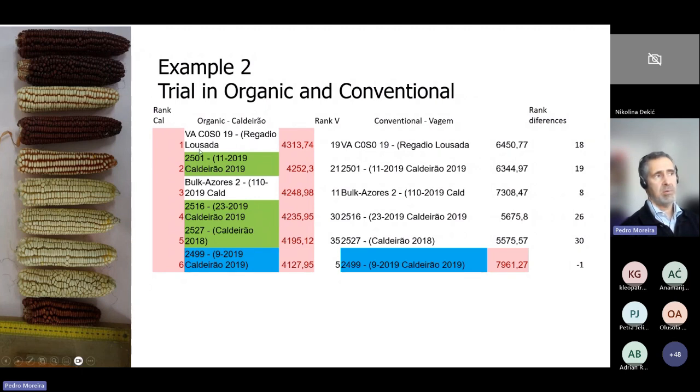So it's better, when you are choosing some of these varieties, to choose the best varieties for your organic efforts.